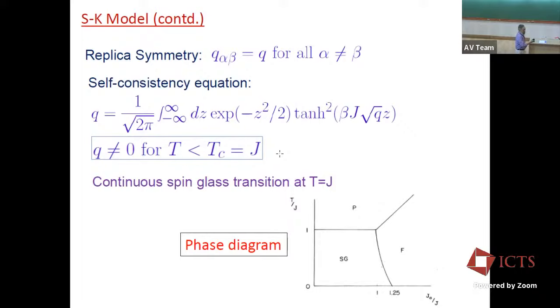One can extend that picture also to J0. So here one is in the paramagnetic part, then SK works. But just as we had found out here, as soon as you cross this line, let's say J0 is equal to 0, as soon as you cross this line, replica symmetry is broken. And then you need Parisi. You cannot do SK anymore.